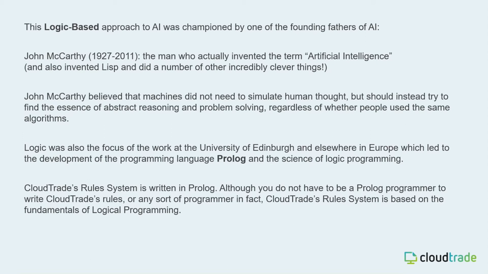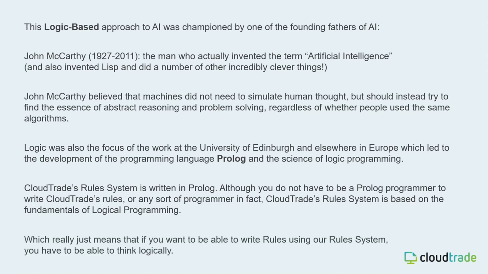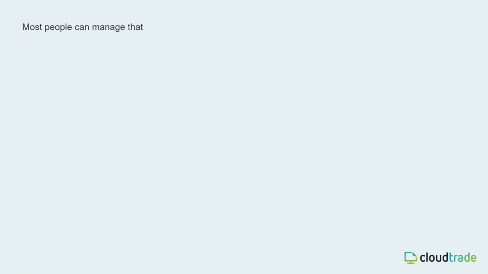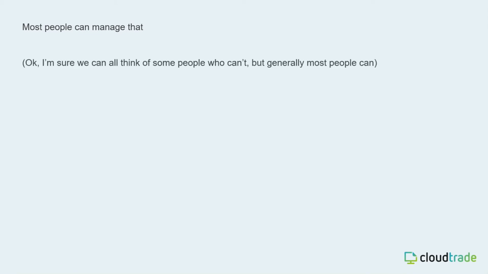Although you don't have to be a Prolog programmer to write their rules, or any sort of programmer, CloudTrade's rule system is based on the fundamentals of logical programming. It really just means that if you want to be able to write rules using our rule system, you have to be able to think logically. Most people can manage that. Well, I'm sure we can all think of people who can't, but generally speaking, most people can.